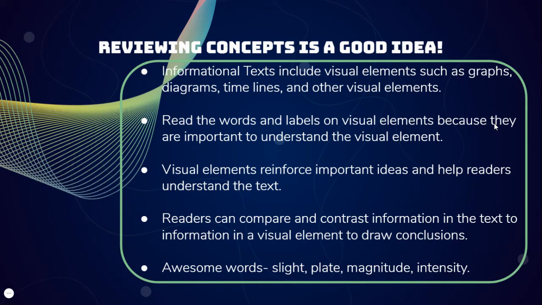Visual elements reinforce important ideas and help readers understand the text. Readers can compare and contrast information in the text to information in a visual element to draw conclusions. Awesome words we read: slight, plate, magnitude, intensity.